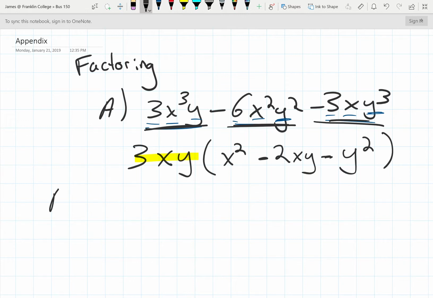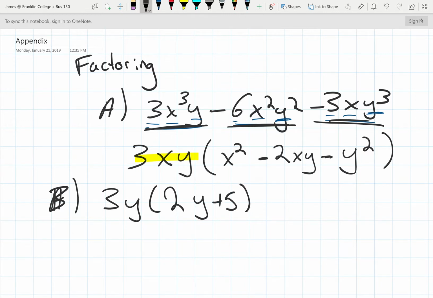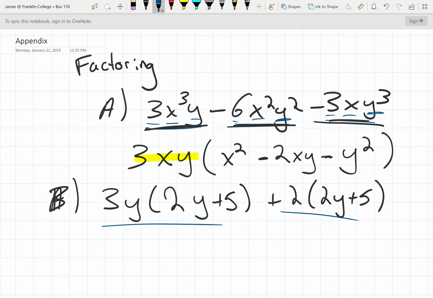All right, so let's do another example. Example B. So if we have 3y times (2y plus 5) plus 2 times (2y plus 5), we see that we have two separate things in our mathematical equation, and we're going to want to figure out what can we factor out.